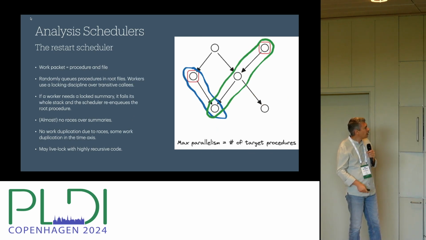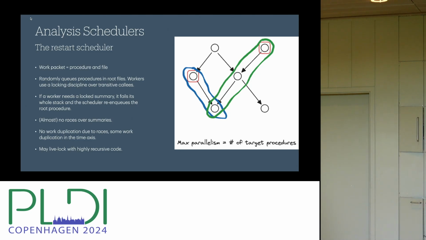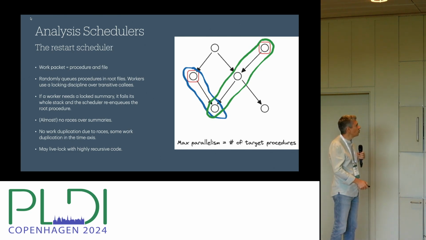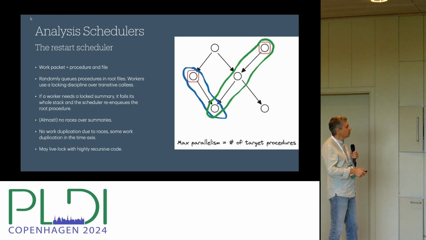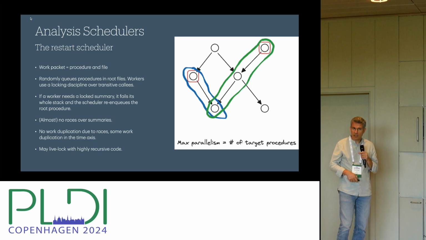Okay, and the last iteration on trying to build more performant schedulers is the restart scheduler, where the idea is that we schedule at the level of procedures, so we have high granularity.